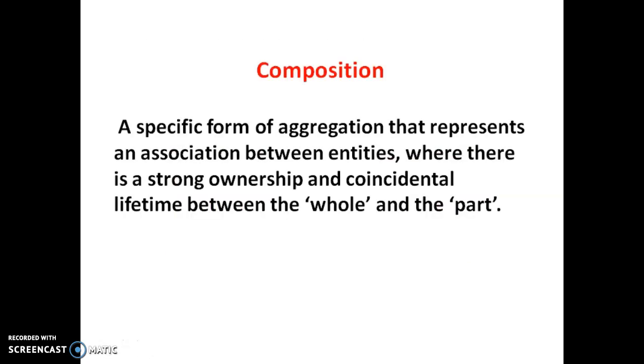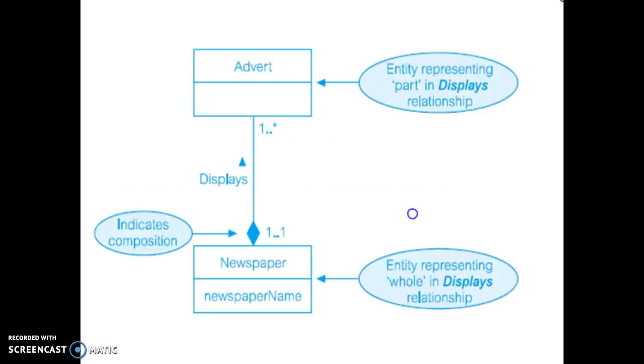Next, the last concept in EER, that is composition. Composition is a specific form of aggregation that represents an association between entities where there is a strong ownership and coincidental lifetime between the whole and the part. There is a variation of aggregation called composition. It is similar to the aggregation concept, but there is a variation.